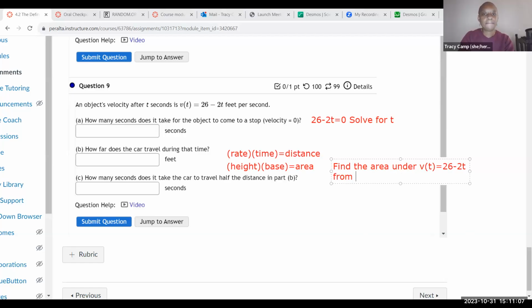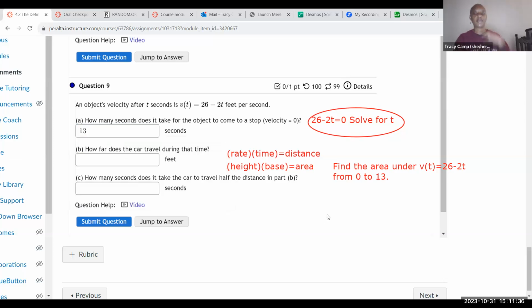From 0 seconds to 13 seconds, and the 13 I got by solving this equation right here for t. When we solve this for t, we end up with 13.